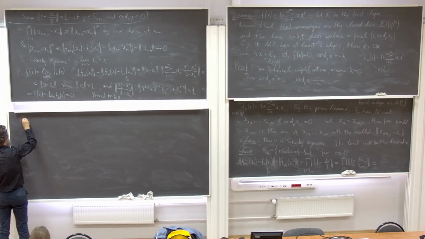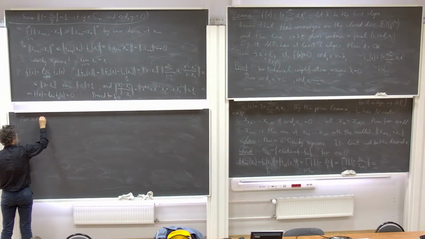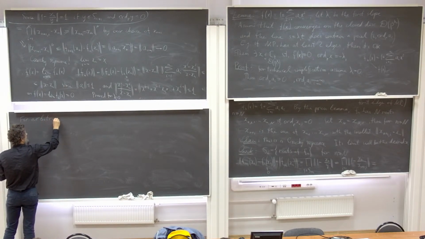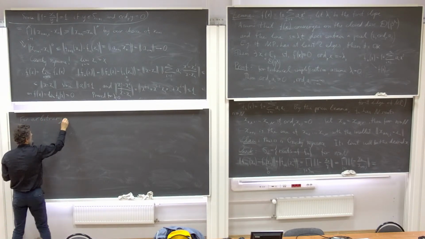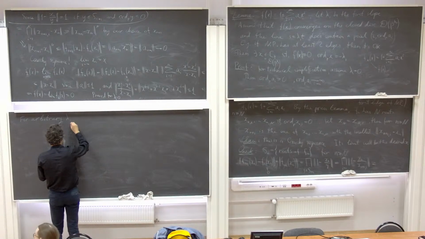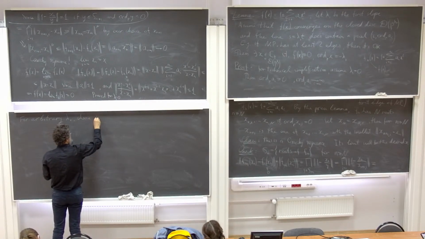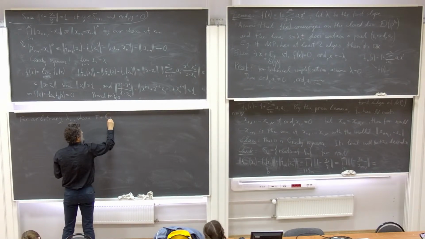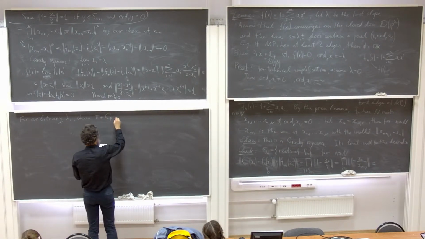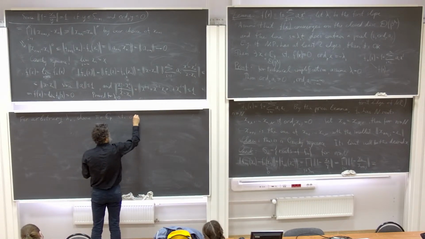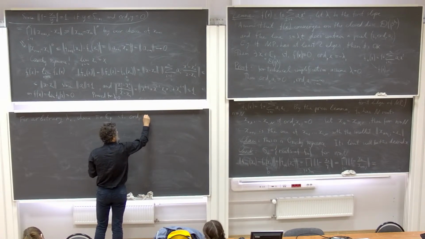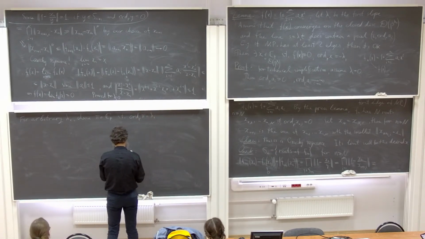So for arbitrary lambda 1, choose some element, say pi, in the Tate field, such that the order of pi is lambda 1.